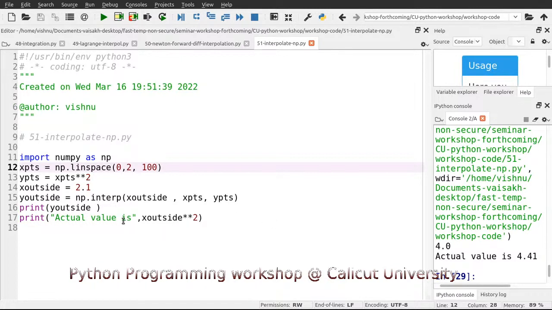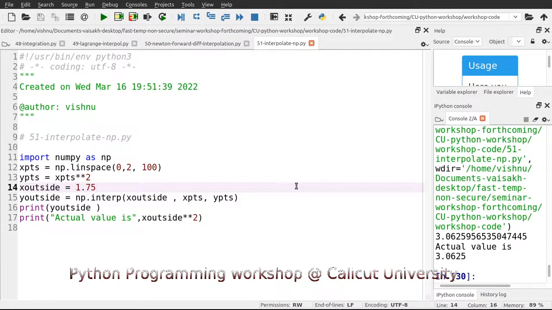X outside is taken to be 2.1, and this approximation is probably not very good. Maybe if I take something in between, 1.75. Okay, the interpolation is inside, so it's giving somewhat better approximation, because the value given here is 3.0625 and the actual value is 3.625.